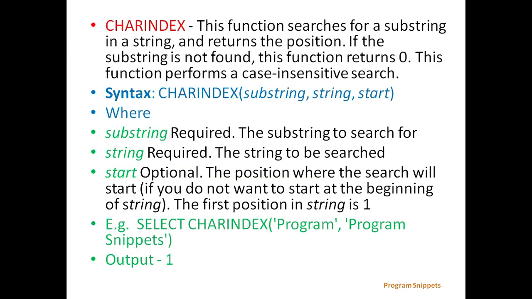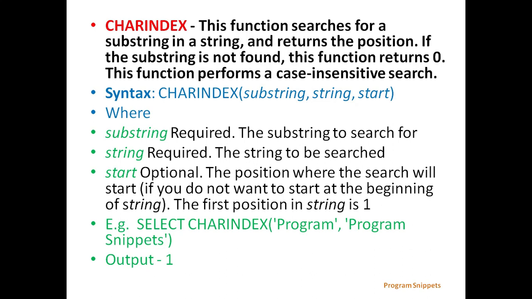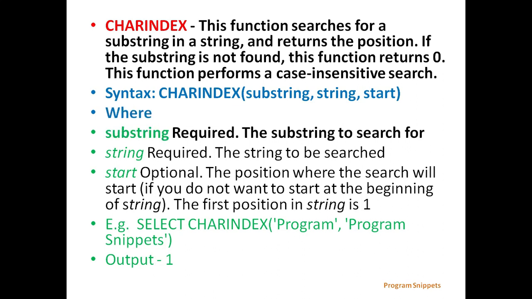Next is CHARINDEX. This function searches for a substring in a string and returns the position. If the substring is not found, this function returns 0. This function performs a case-insensitive search. General syntax is CHARINDEX(substring, string, start), where substring is a required parameter which represents the substring for which we are going to search.